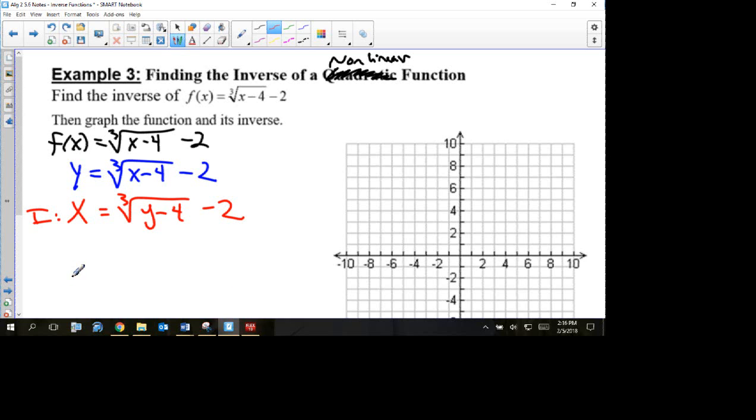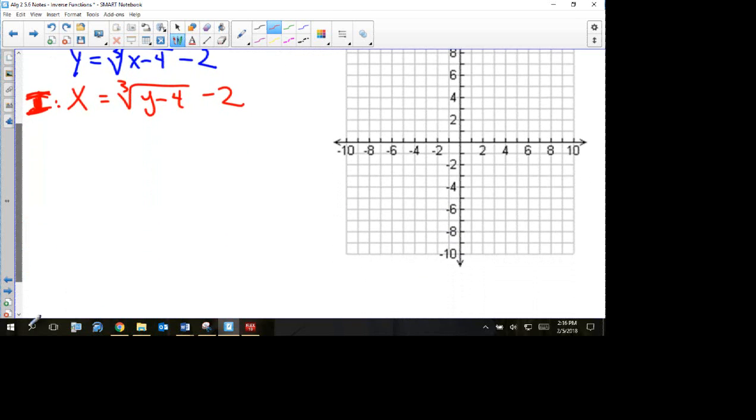But we have to solve it for y now. We're going to solve it for y, but that is the inverse. Once you've switched the x and the y, you have the inverse. So we're going to solve it for y. So what am I going to do first to solve it?